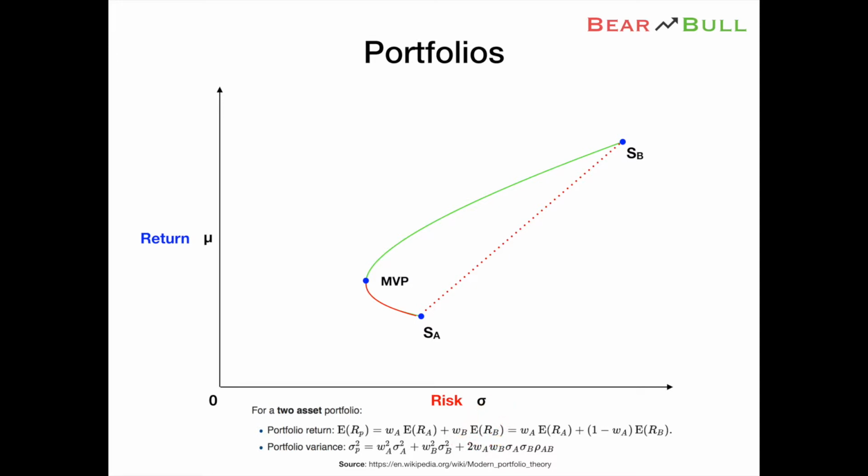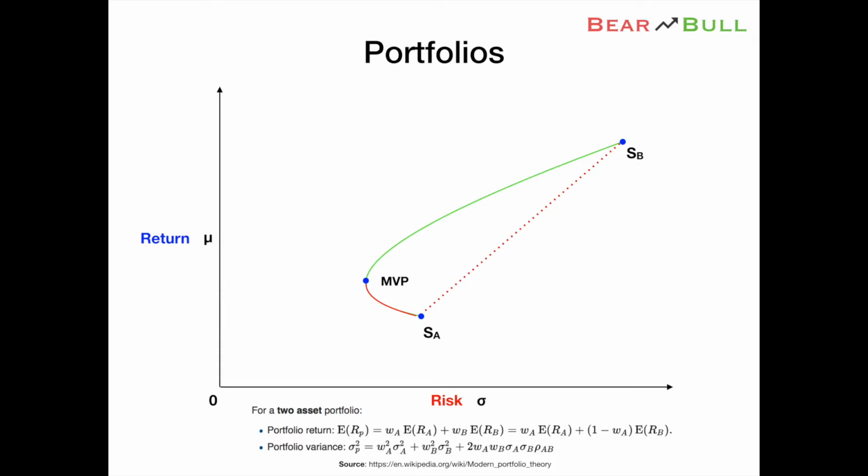So we can easily see that the return of a portfolio is a weighted average of the return of the assets. So a portfolio with a 50-50% split between stock A and stock B would fall exactly in the middle here in terms of its return.